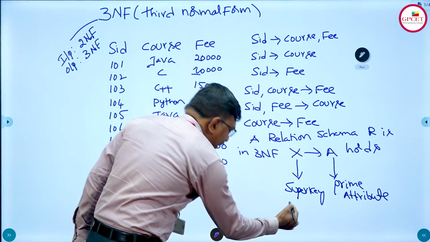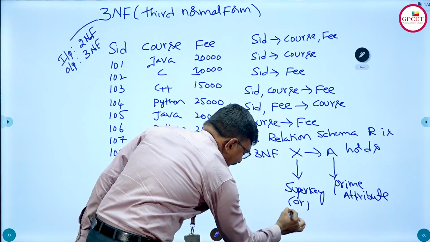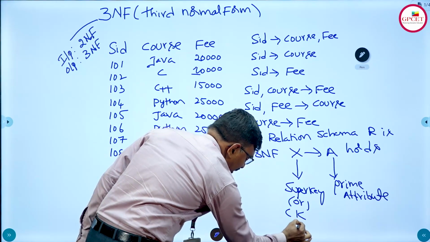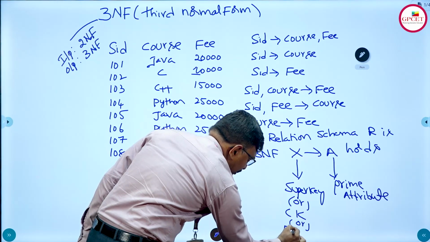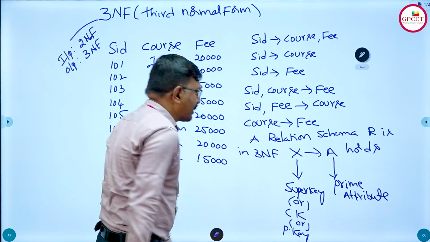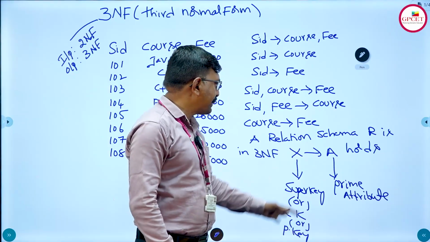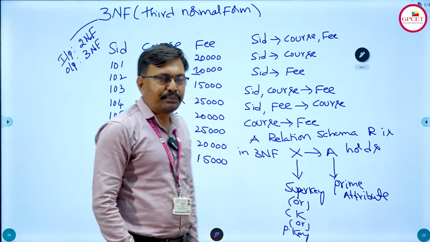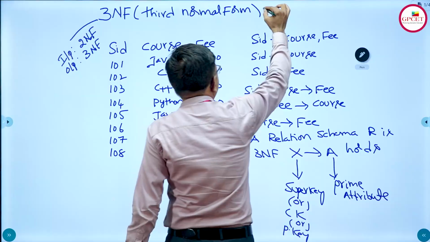X is a super key or candidate key or primary key. You need not bother about which it is, it is a key. Either X is a super key or candidate key or primary key, or A should be a prime attribute. That is nothing but third normal form.